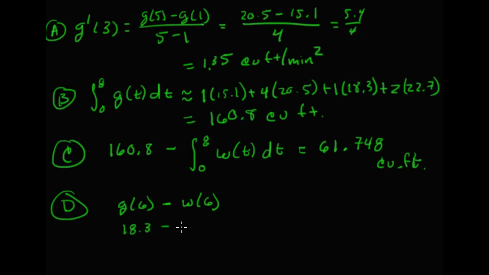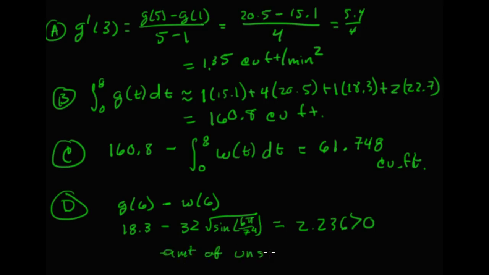W of 6 is 32 times the square root of sine of 6 pi over 74. In the end, that value comes out as 2.236, which is greater than 0, which means that the amount of unspoiled grain is increasing. All right, so that's problem number 1.